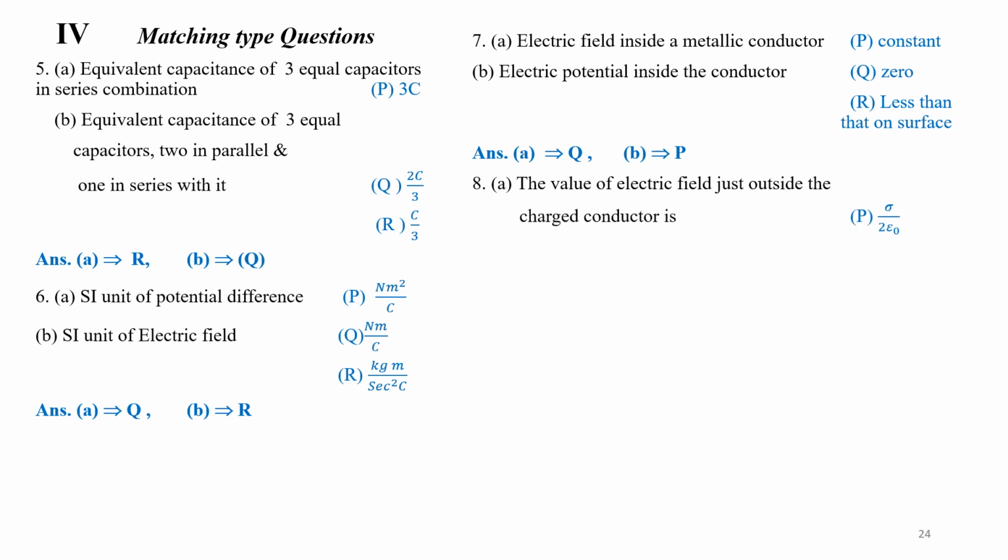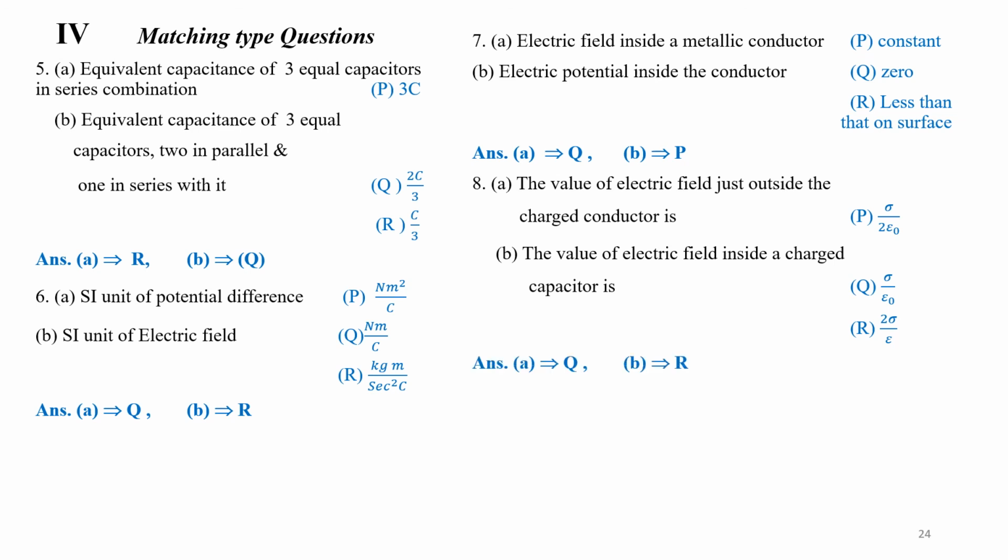Question number 8. The value of electric field just outside the charged conductor, and the value of electric field inside a charged capacitor. There are three options. P is sigma by 2 epsilon. So A is Q, that is electric field just outside a charged conductor is given by sigma over epsilon naught.